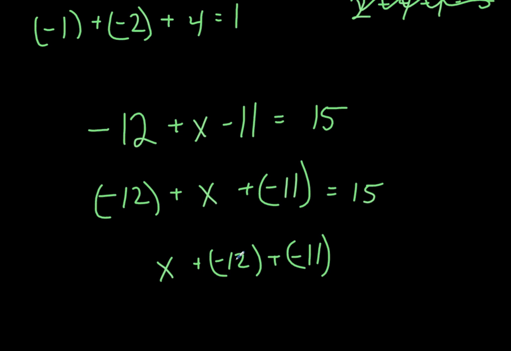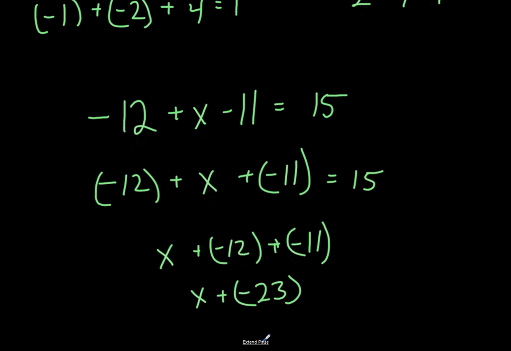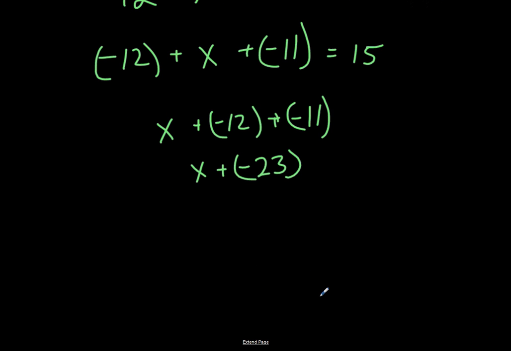So what is negative 12 plus negative 11? And so now we've got plus negative 23. So we've got to subtract negative 23.